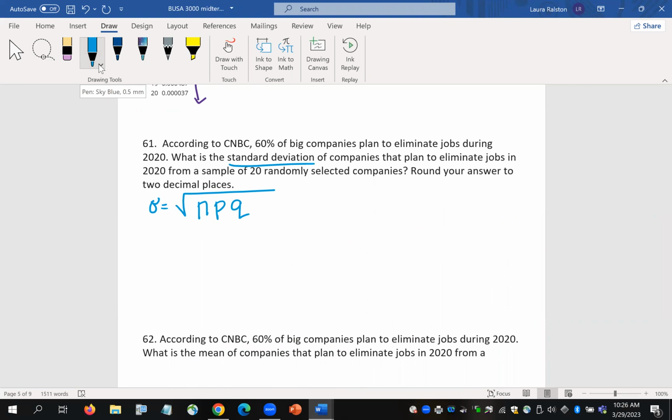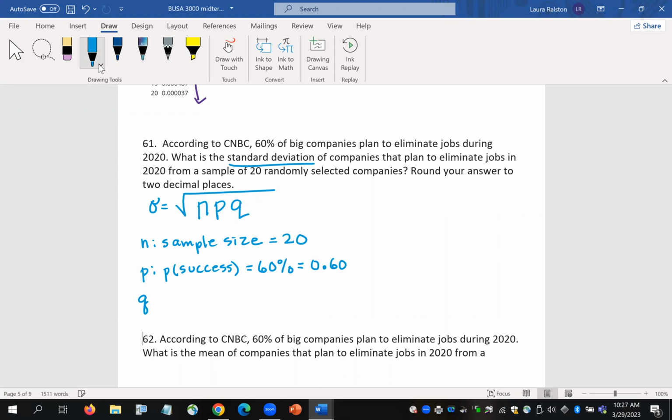So you may need me to remind you about what those numbers are. Remember, n is your sample size. For this problem, that is 20. P is your probability of success. And in this case, they're telling us 60% are going to shut down or eliminate jobs. I'm going to write that as a decimal.